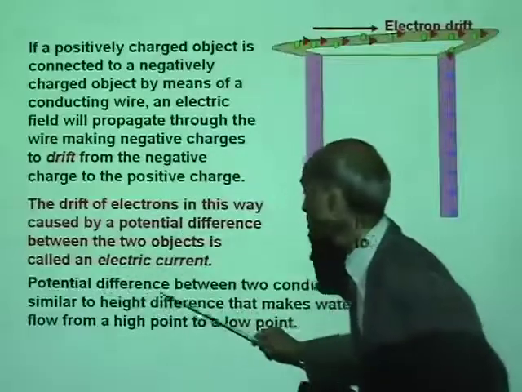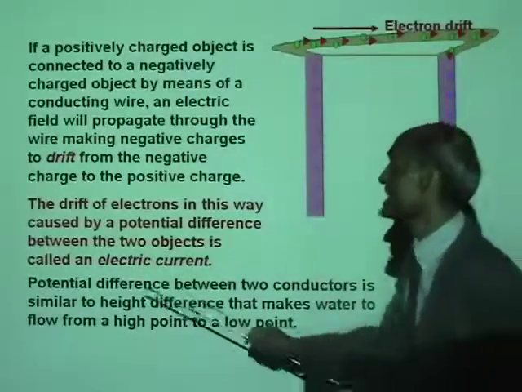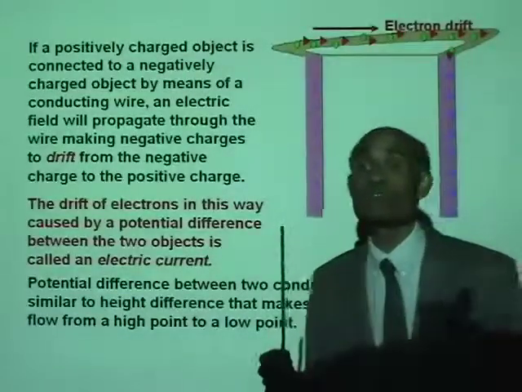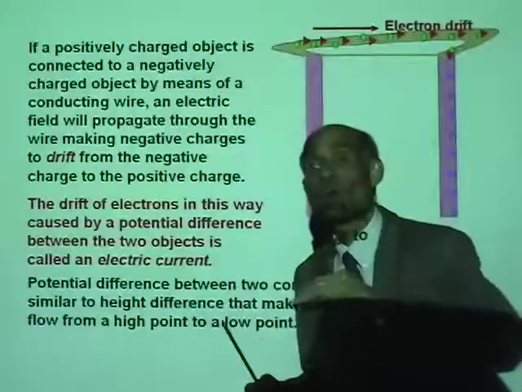Now, the potential difference between the two conductors is similar to the height difference that makes water flow from a high point to a low point.